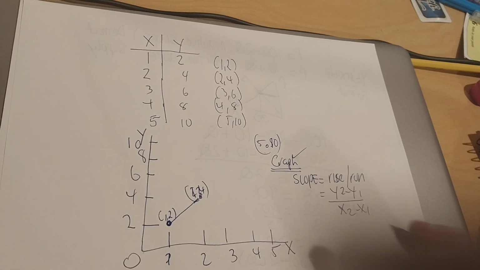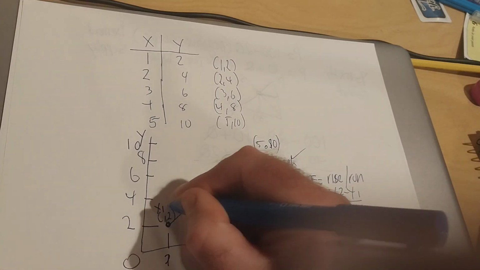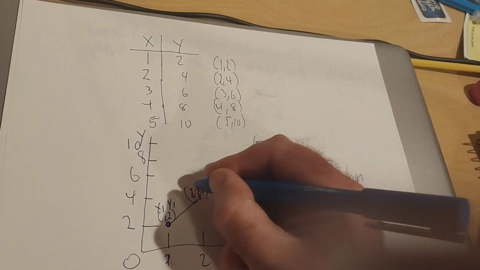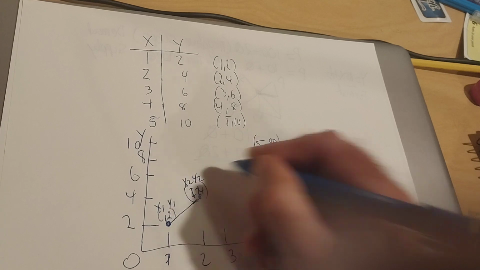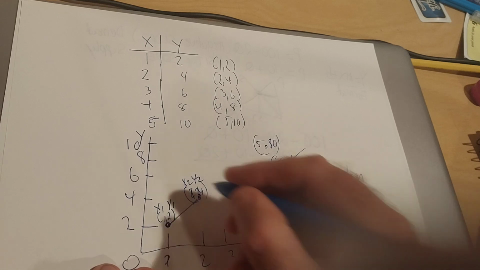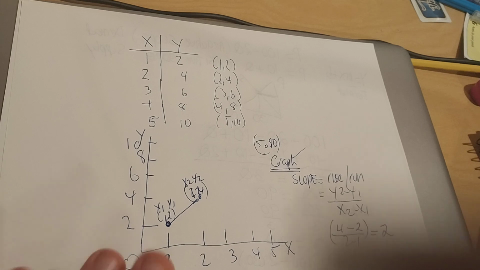So now what we're going to do is we know that the first point is x1, y1, and the second is x2, y2. So we're going to go 4 minus 2, y2 minus y1, over x2 minus x1, which is 2 minus 1, and the slope is equal to 2.